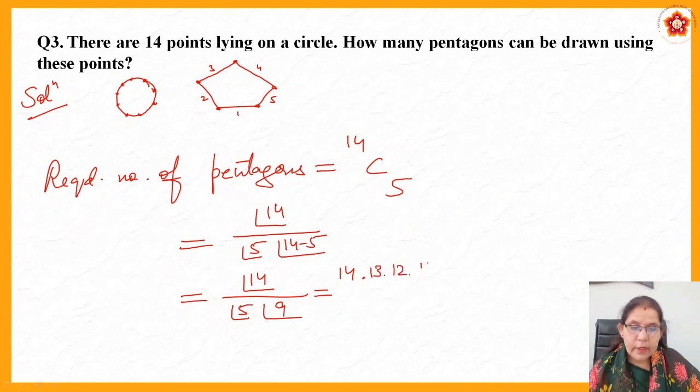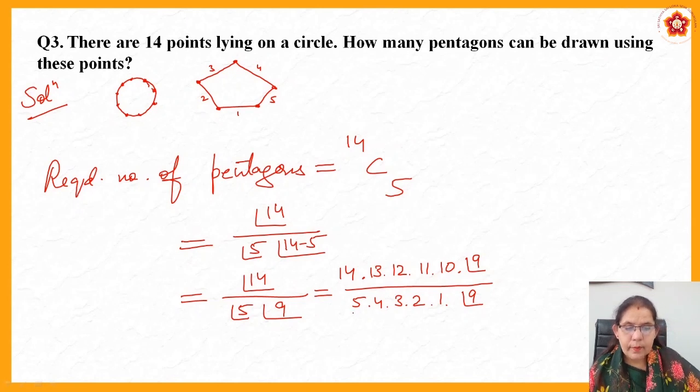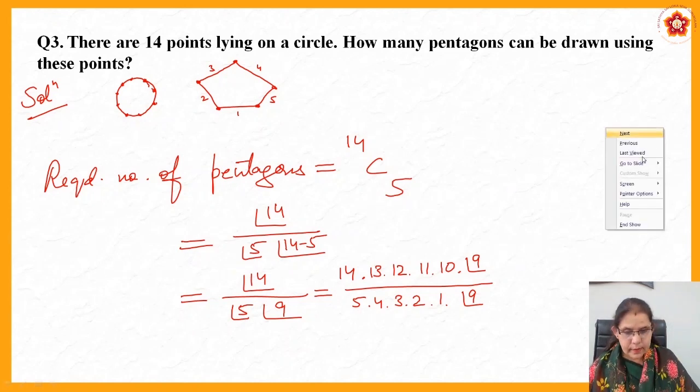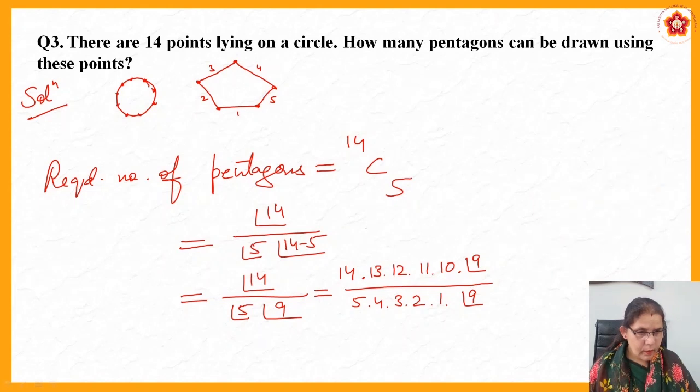So 14 into 13 into 12 into 11 into 10 into factorial 9, and this is 5 into 4 into 3 into 2 into 1 into factorial 9. Cancel it to get your answer. We'll cancel factorial 9 like this.